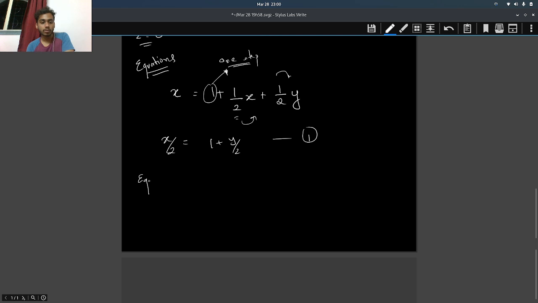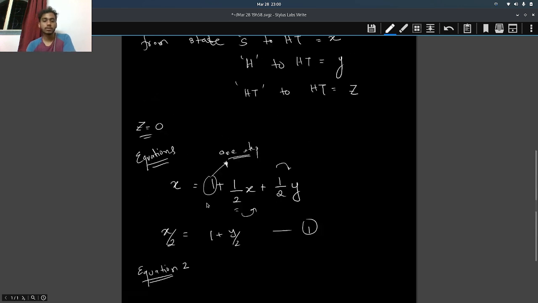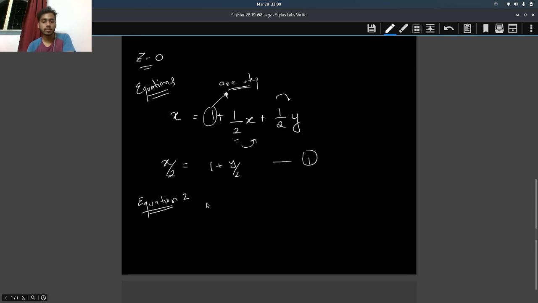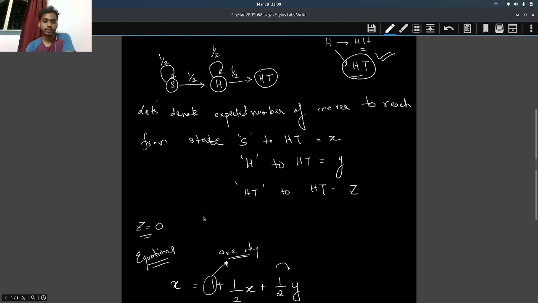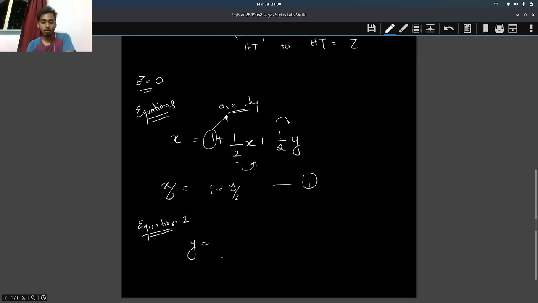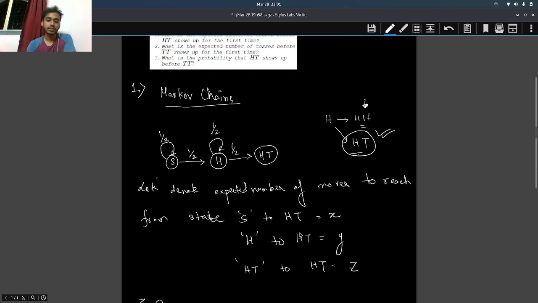Let's write equation 2. Equation 2 will be, from the state H, the expected number of steps from H to HT will be equal to 1 plus half of Y plus half of Z, isn't it?